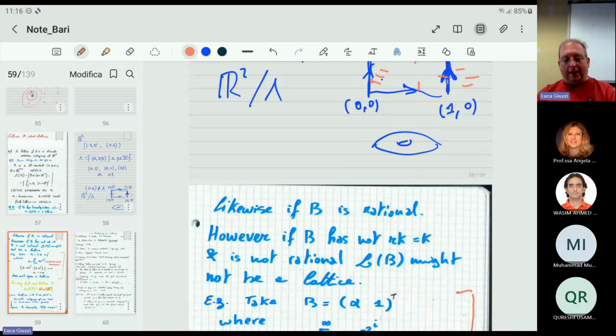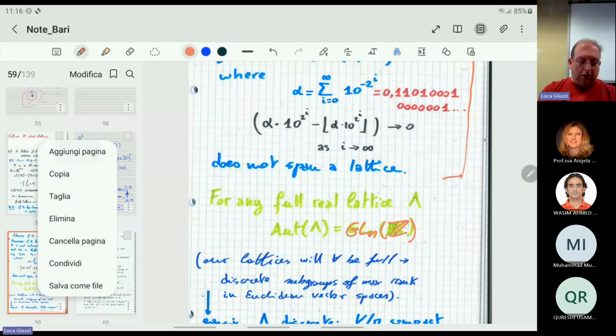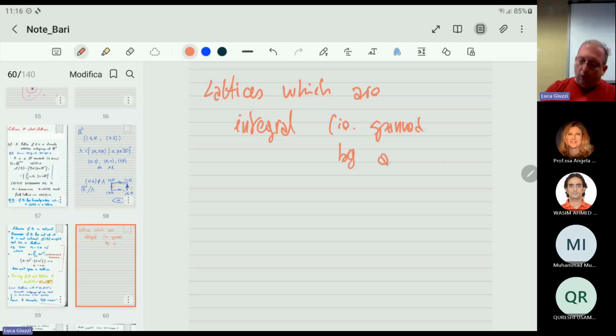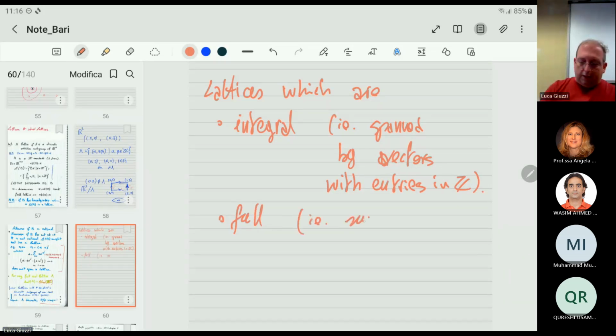Now, we said a lattice resembles a vector space, so we shall consider lattices which are integral, i.e. spanned by all vectors with entries in Z, such that their linear closure over the reals is all of Rn.